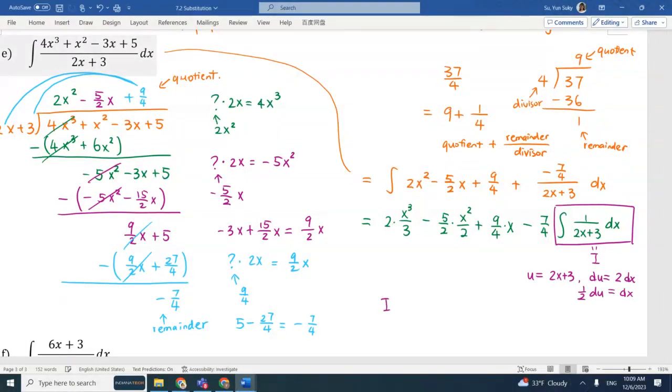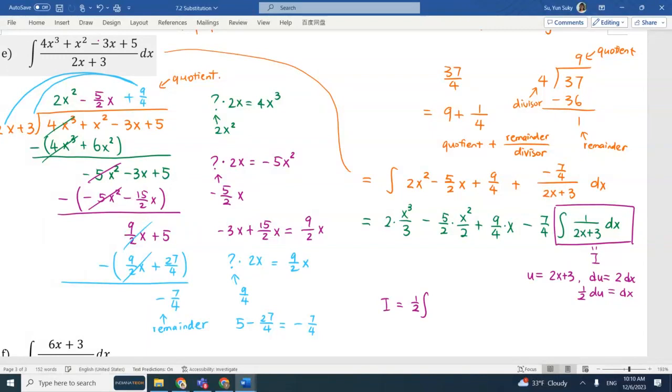Therefore, the integral I is the integral where dx is 1/2 du. Where do you put the 1/2? In the front. And where do you put the du? At the end.